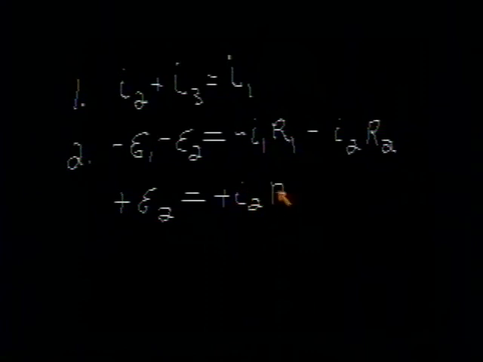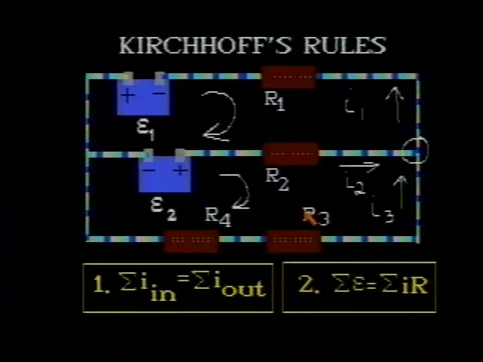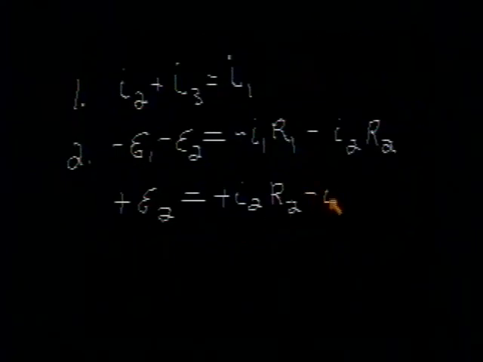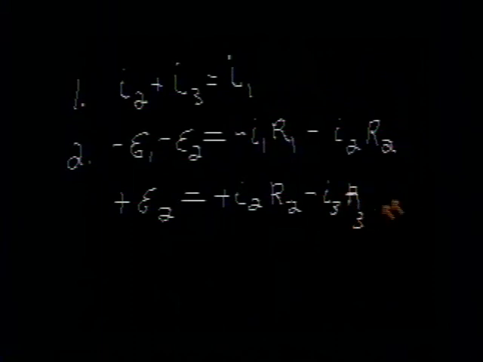Then we pass through R3 opposite to the direction of I3, and also through R4 in the opposite direction as I3. So we're going to write minus I3 R3 and minus I3 R4.